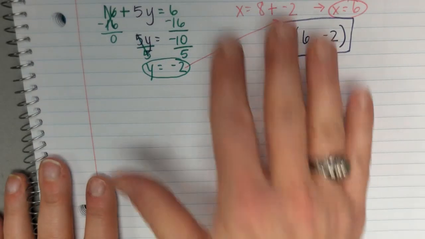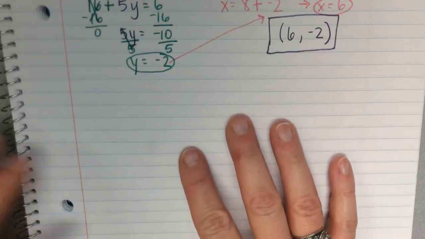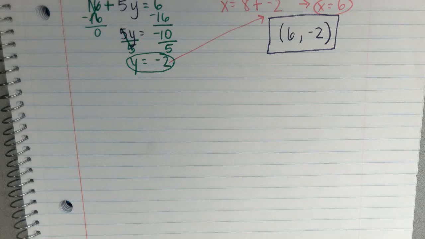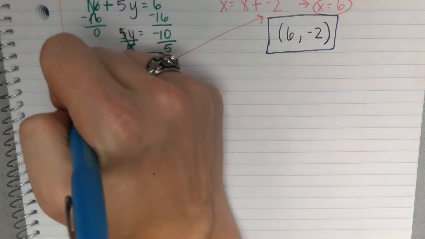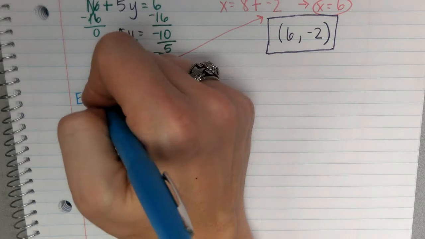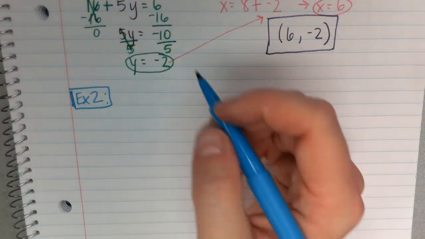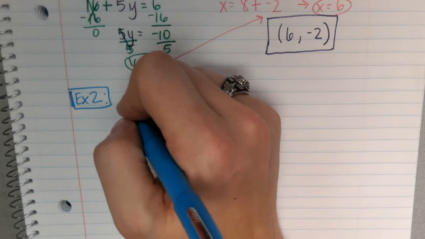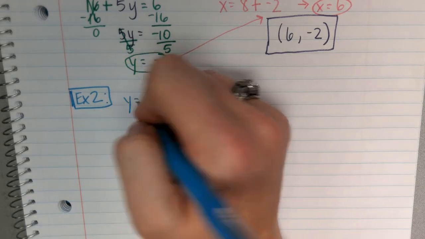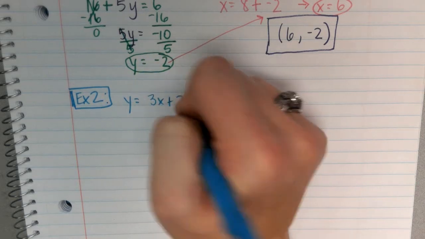Make sure that you are writing these notes down because you're going to follow these 4 steps every time. So let's do that again. Another color here. Example 2. This time we find out what y equals. y equals 3x plus 2.